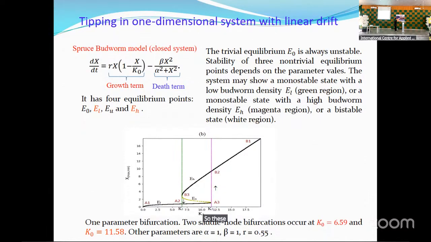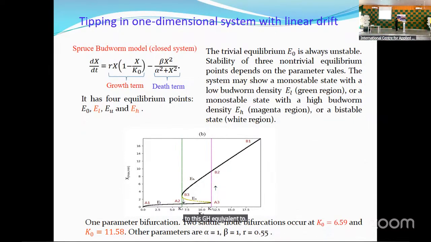So this separates the basins of the 2 equilibrium points, E high, that is EH, and E low, that is EL. If you start your system with any initial value above this unstable branch, then you will reach this EH equilibrium point.